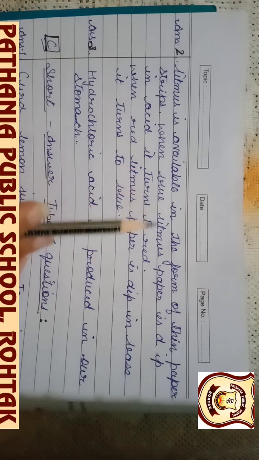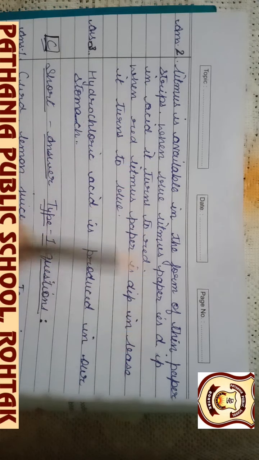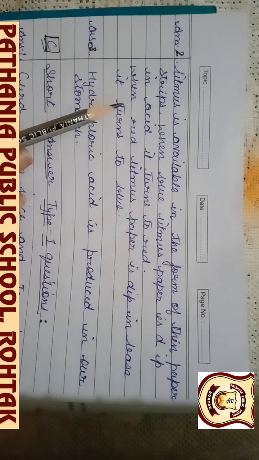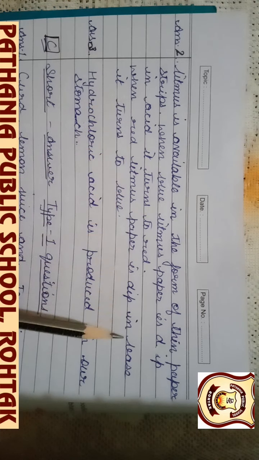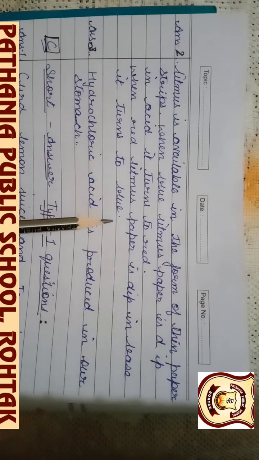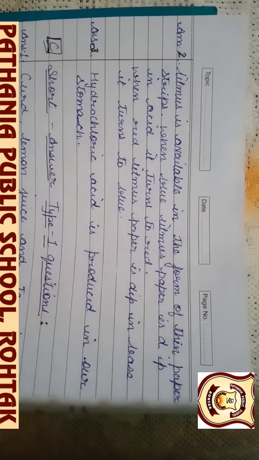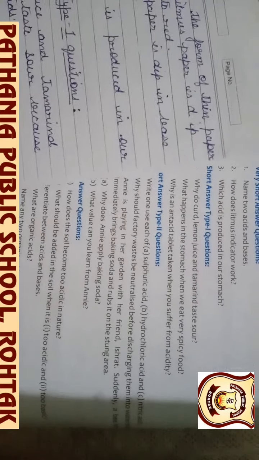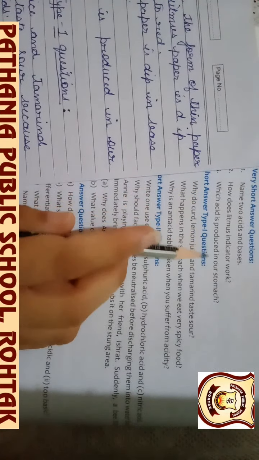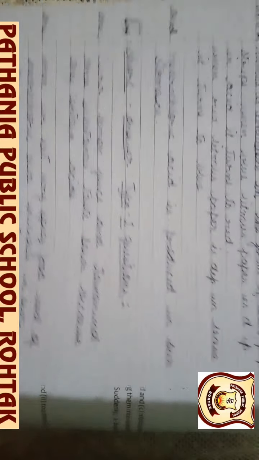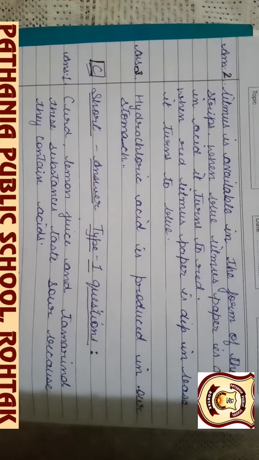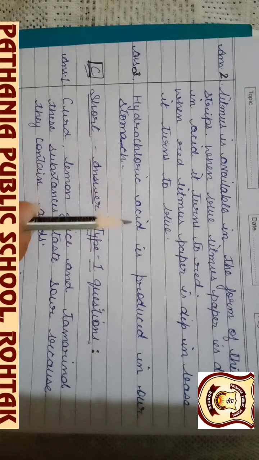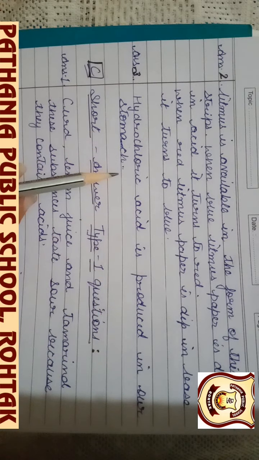When blue litmus paper is dipped in acid, it turns red. When red litmus paper is dipped in base, it turns blue. This is the activity we will do in our laboratories. Next is, which acid is produced in our stomach? As we have done in chapter 2 also, hydrochloric acid is produced in our stomach.